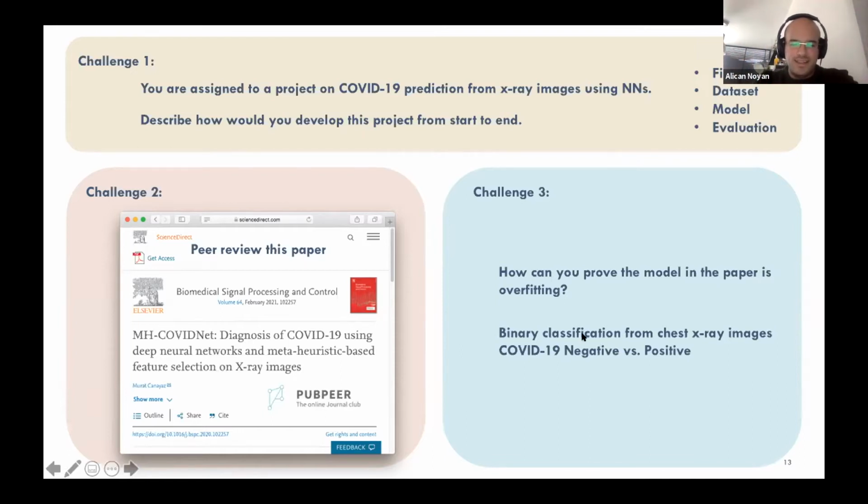To make it simpler, I want you to think as if it's a binary classification task, negative versus positive. In the paper, it's negative, positive, and pneumonia. There are 3 classes, but you can still prove it by considering a binary classification.